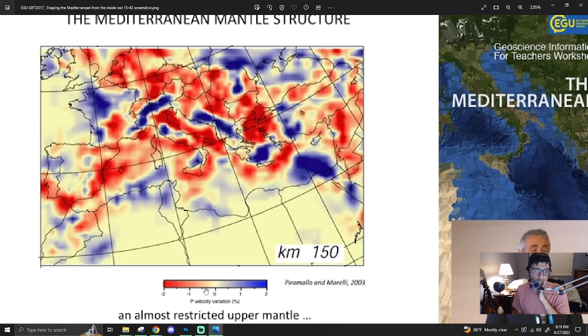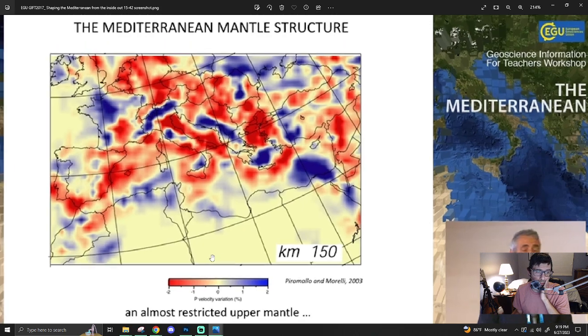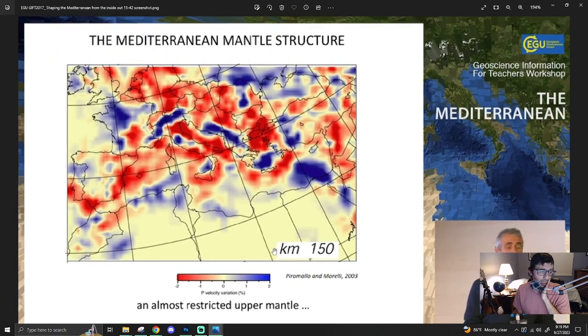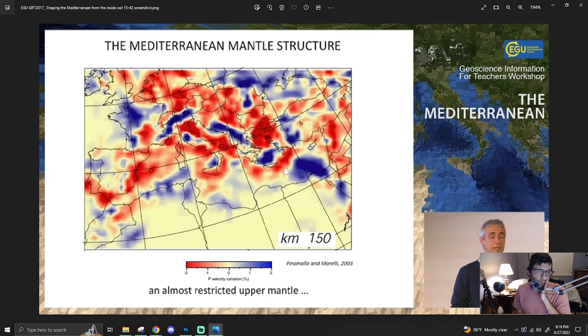This is the P wave velocity variation. Oh, an almost restricted upper mantle. This was pretty interesting right here. Just like a line across here.